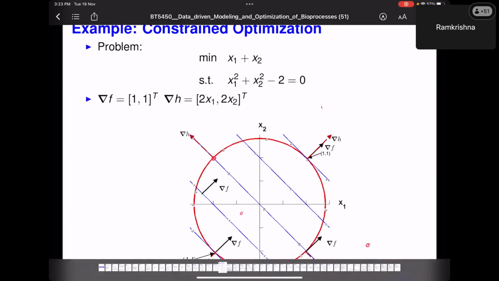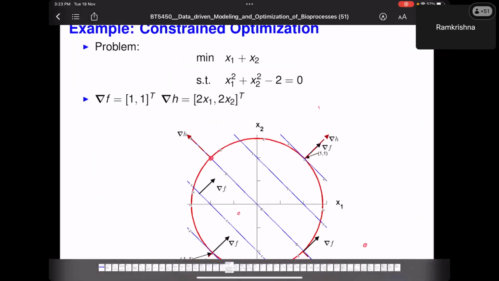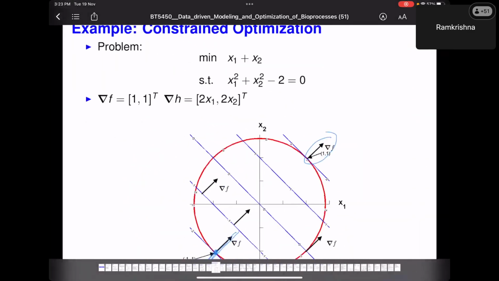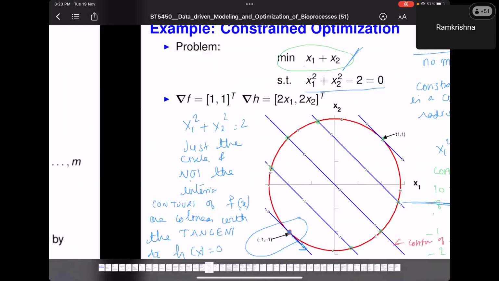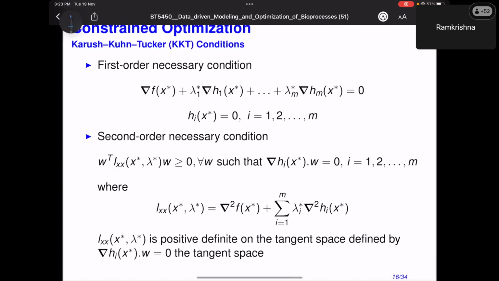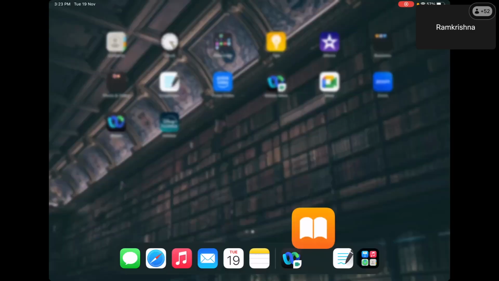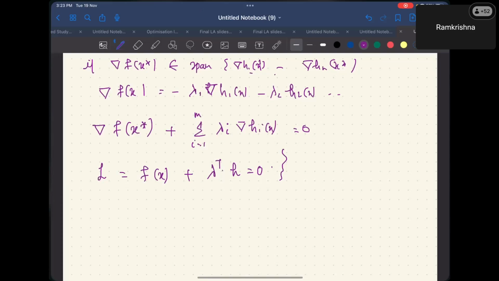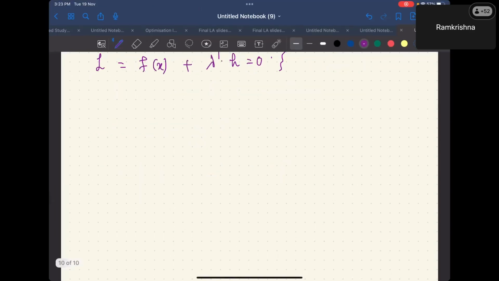So what I actually do here is I convert my constrained problem into some kind of an unconstrained problem. Okay, now we'll see what happens to the second order conditions. I'll try to do it with the help of an example to see if I can derive them.